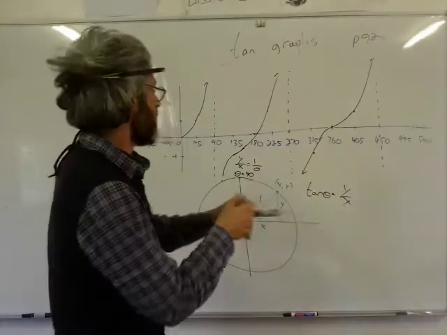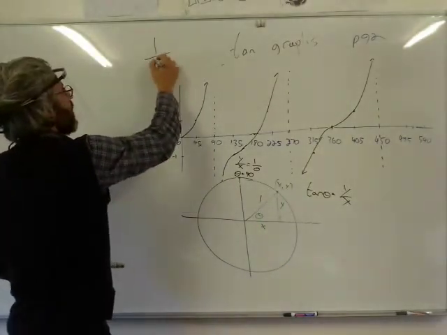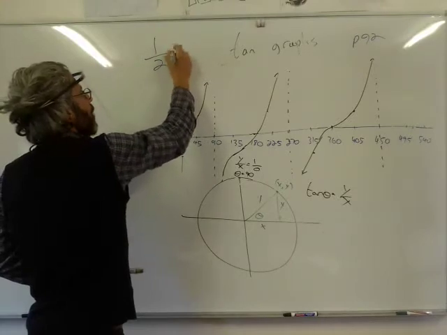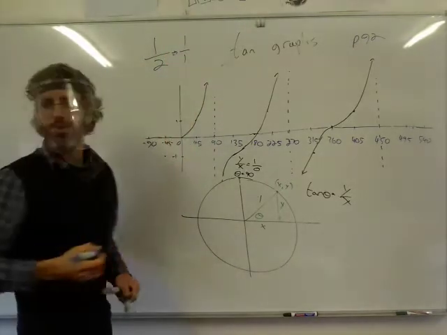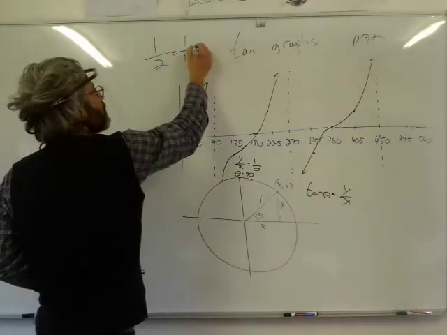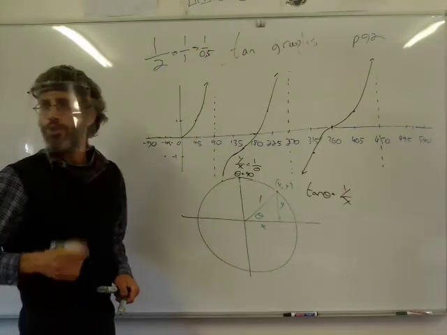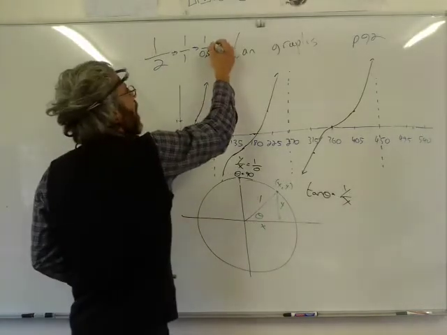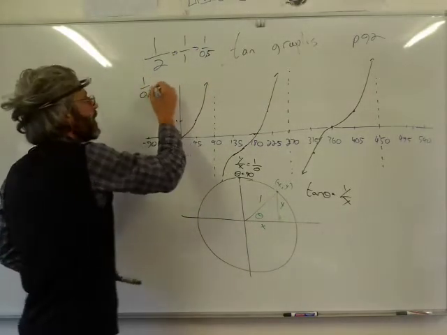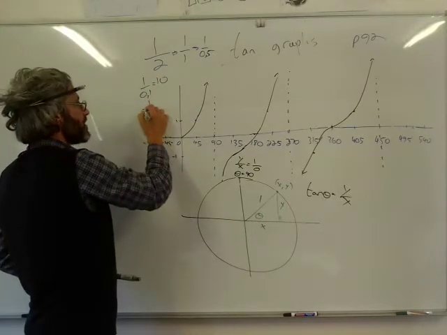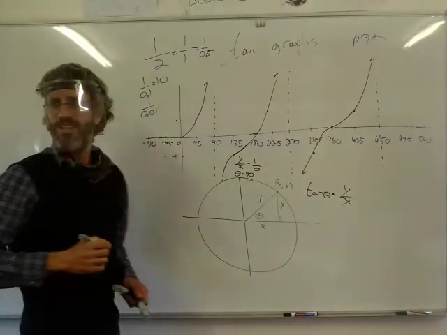Say 1 divided by 2. That's a half. Let's make 2 smaller. 1 divided by 1 is equal to 1. Move on to 1 divided by 0.5, it is 2, getting bigger. 1 divided by 0.1, 10. 1 divided by 0.01, 100.